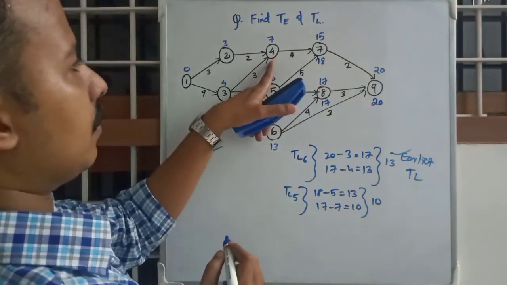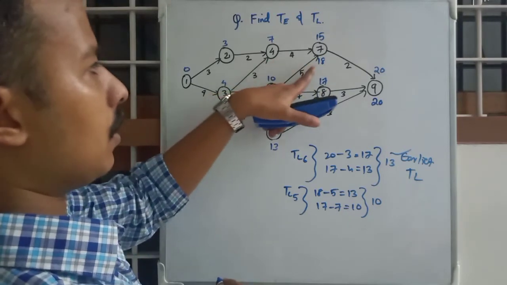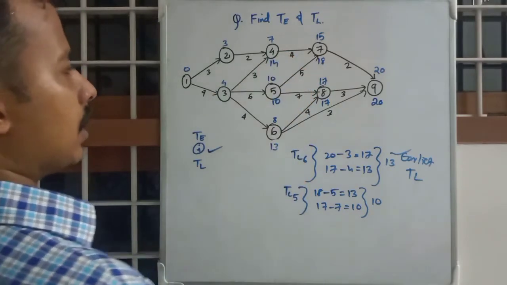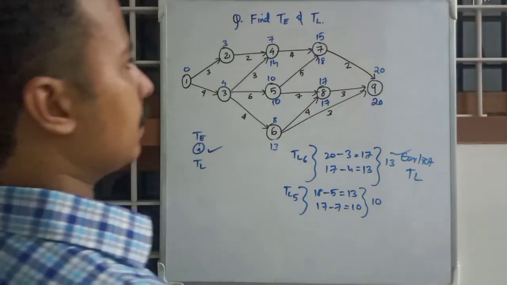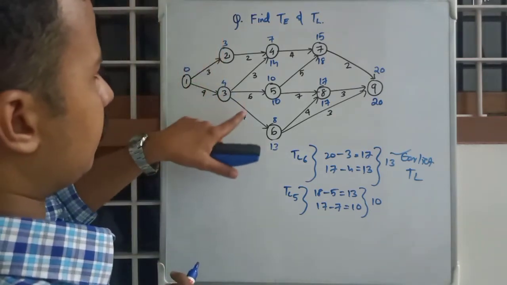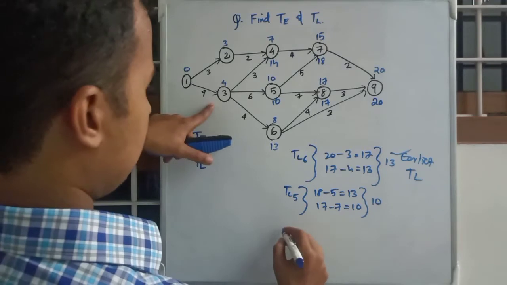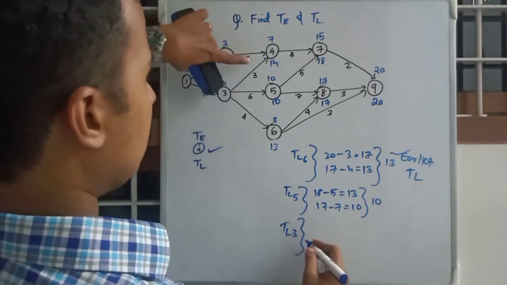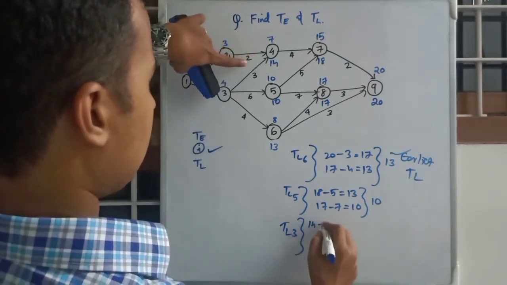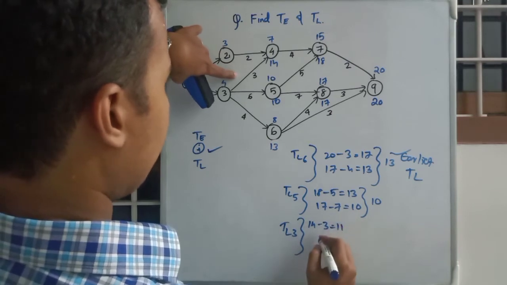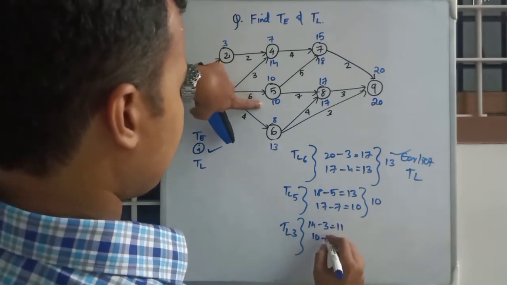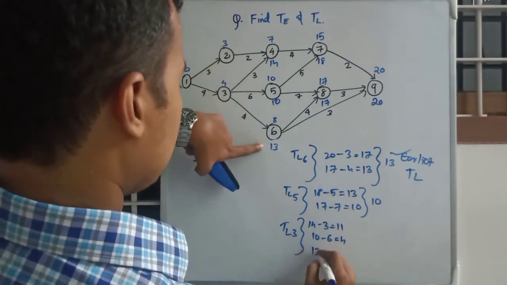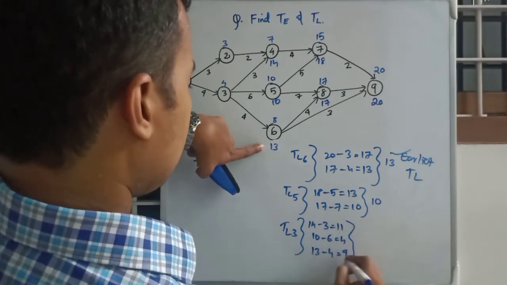Okay, and for TL of 4, just subtract 4 from 18, 14. Okay, and TL of 3, there will be 3 values, 14 minus 3, that will be equal to 11, 10 minus 6, that will be equal to 4, and last one 13 minus 4, that will be 9.